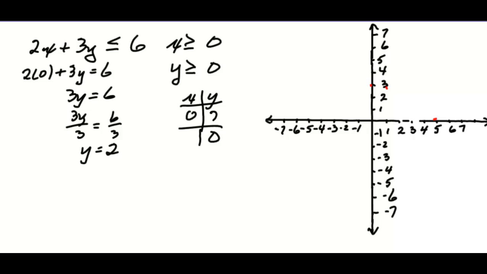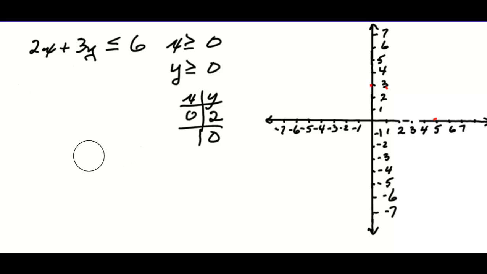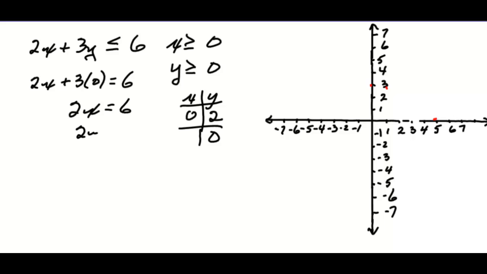So we got that point. And the next one, using our original formula, substituting in 0 for y, what we get is 2x plus 3 times 0, and then that makes this 2x equals 6. 2x over 2 equals 6 over 2, and x is equal to 3.